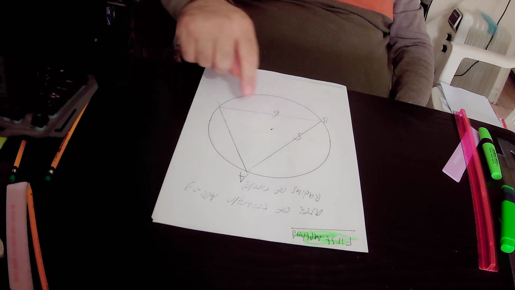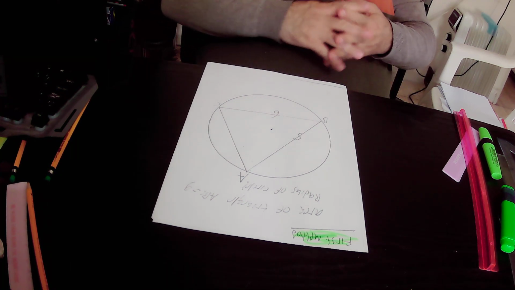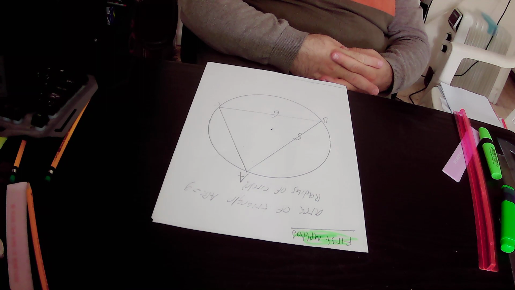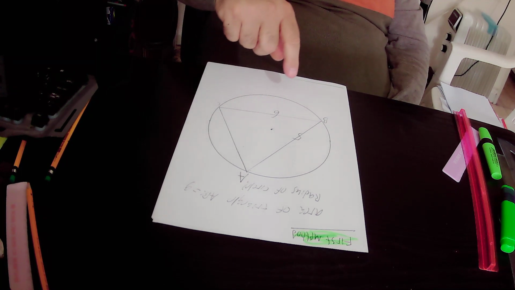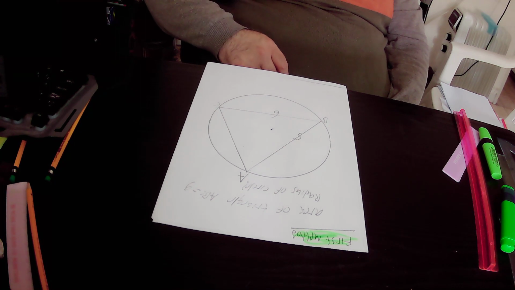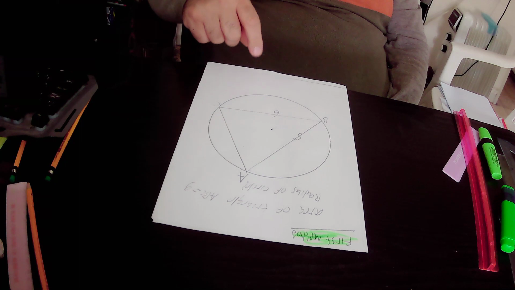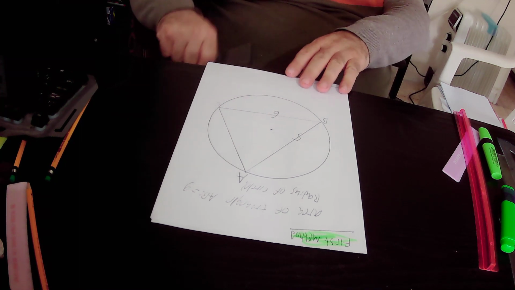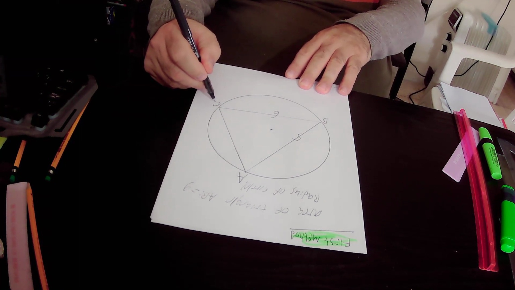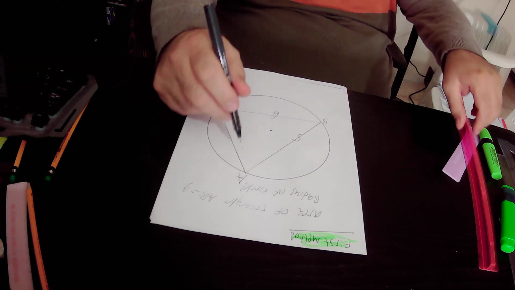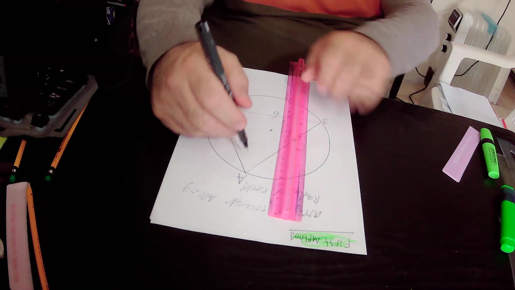The length of side BC is 6 units, and we want to find out the radius of this circle that blocks triangle ABC. So in the first step, we will draw a perpendicular from point A on BC.